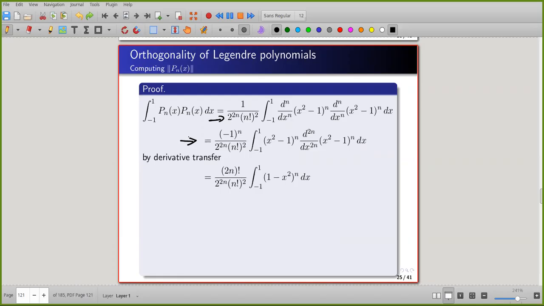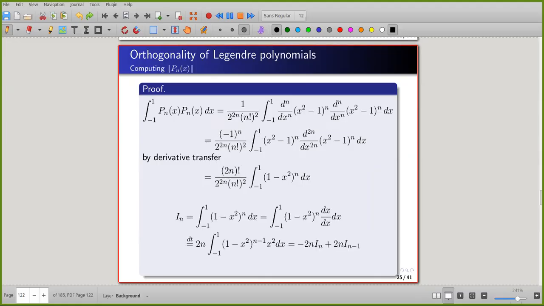So this we have evaluated, and we just get a 2n factorial. This minus 1 to the n we take inside over here and absorb it. So this becomes this. Okay, so that's great.